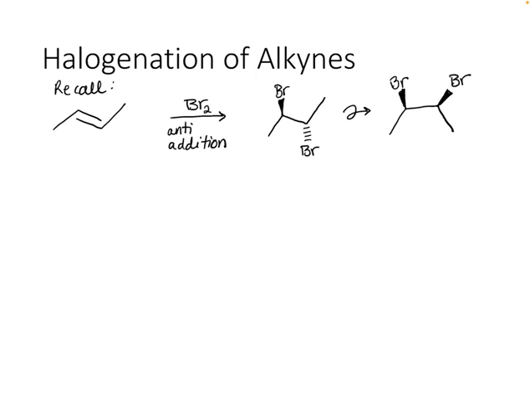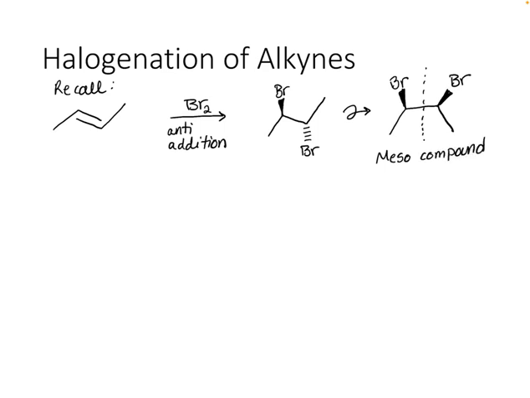Okay, so what kind of compound do we have here? Is this chiral or achiral? So there is a plane of symmetry. So this would be achiral, and it's a meso compound.